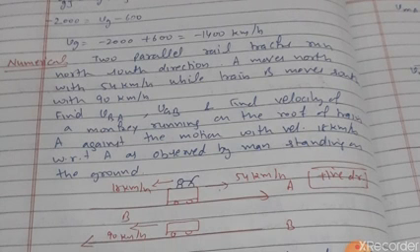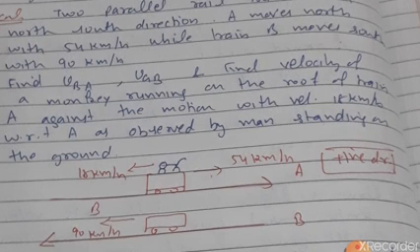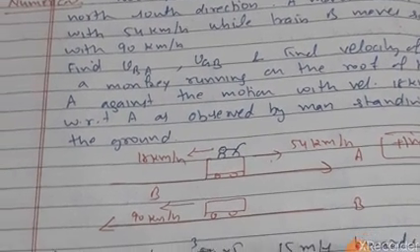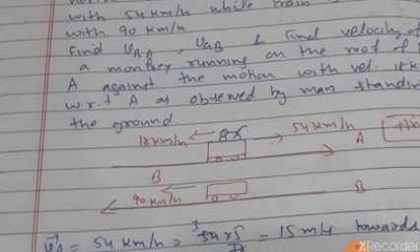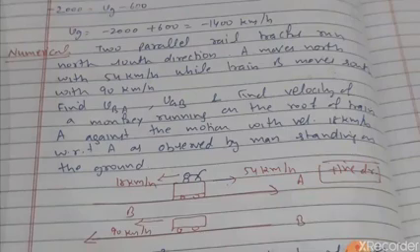Students, I had taken the first train A and second train B and shown with the help of a diagram, and I had assumed that the north direction is lying towards the positive direction of x-axis and south is lying towards the negative direction of x-axis. So what we have to find out? We have to find out VBA, which means velocity of B with respect to A, and second we have to find out velocity of ground with respect to B.